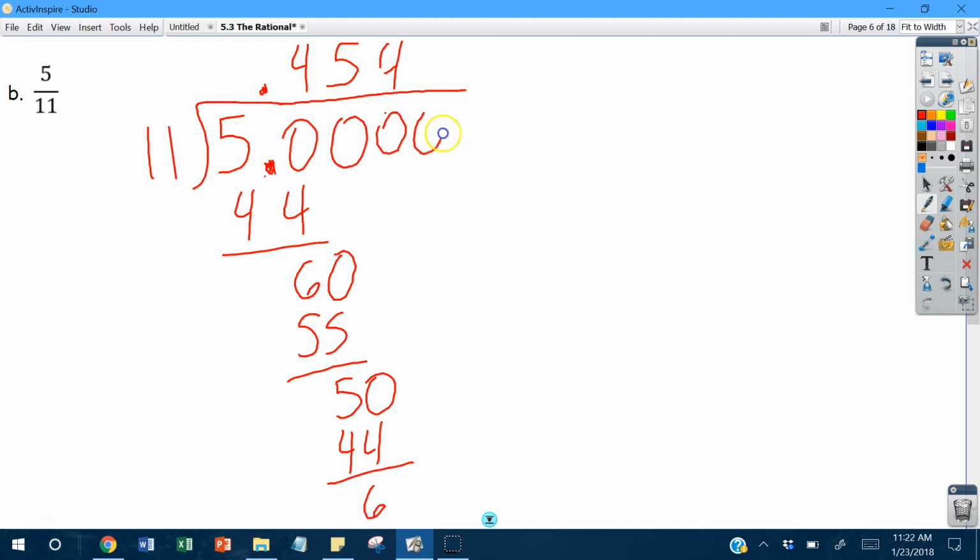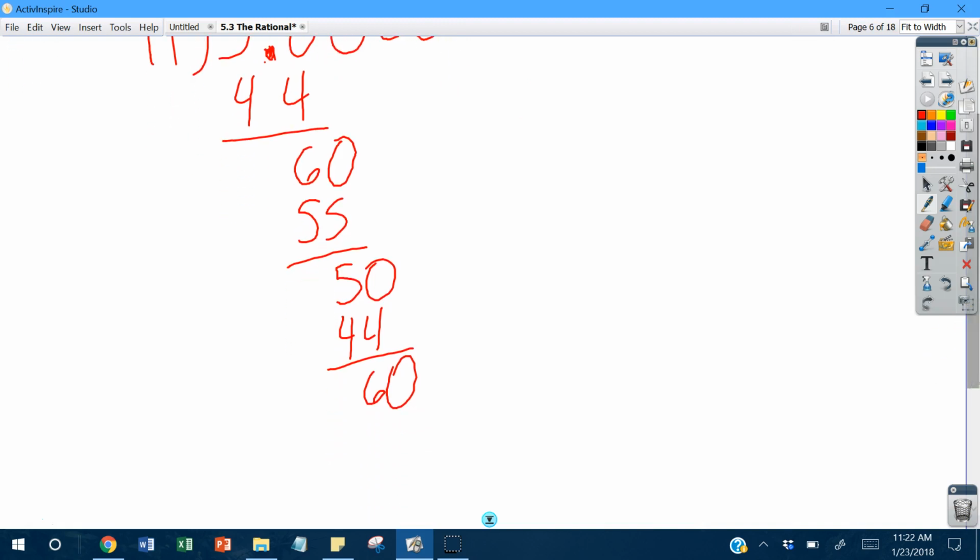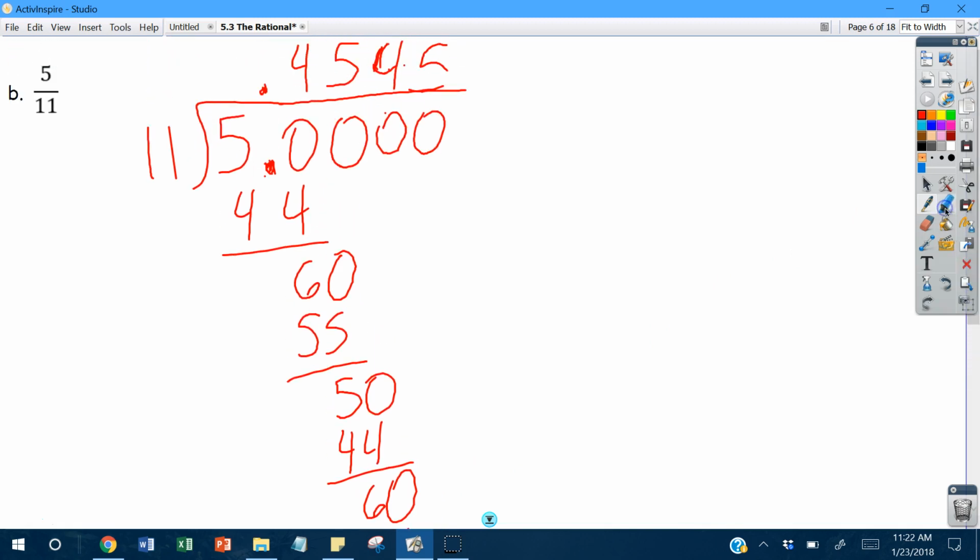And then I'll put another 0 in there, and this is starting to feel a little bit familiar because now I'm seeing 11 goes into 60 5 times with a remainder of 5. And if I put in another 0 here, I'm going to end up dividing 50 by 11 again, and notice that there's some sort of repetition going on.